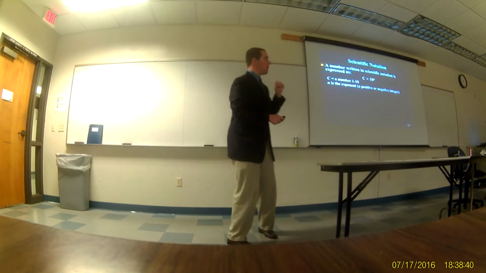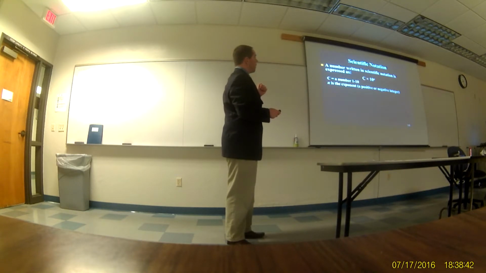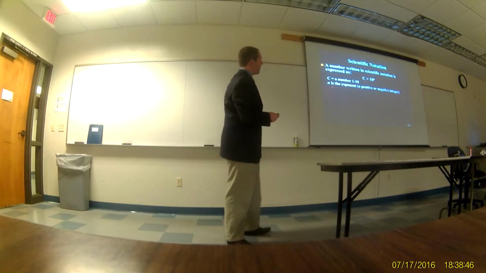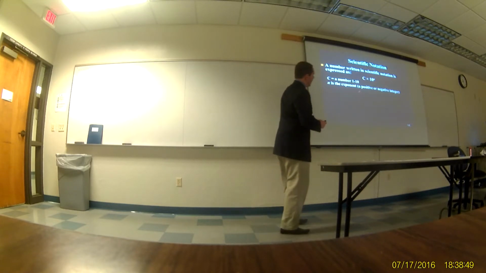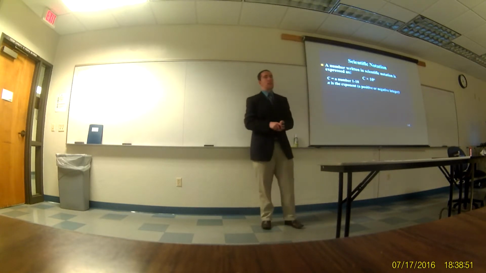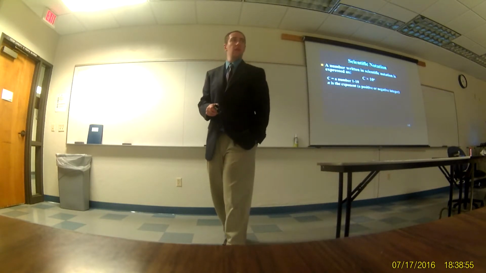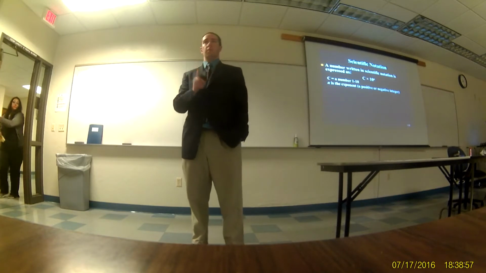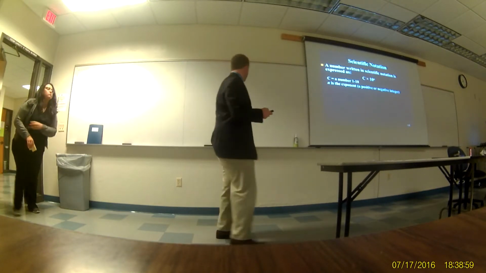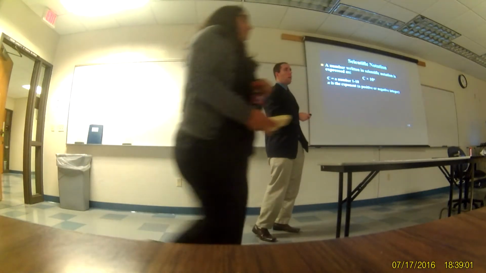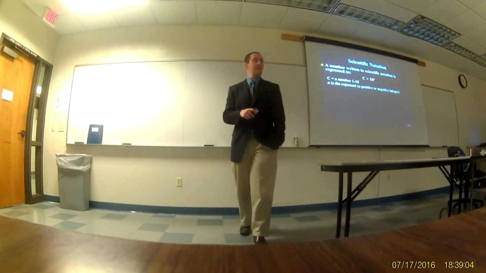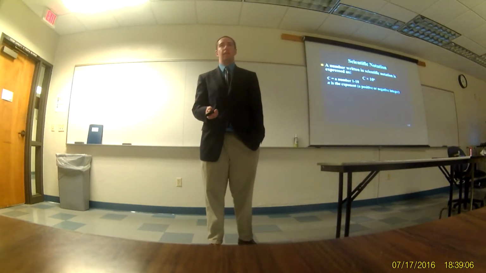Okay? And so you have that number times 10 to the n. And n is an exponent, and it's a positive or negative integer. Now, what do we mean by an integer? It's a whole number. So you can't have times 10 to the 1.1, or times 10 to the negative 0.5.